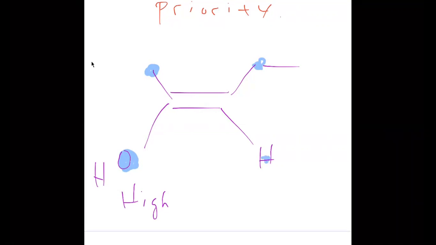So the carbon is high priority. Right? And so you see now, relative to the double bond itself, the high priority groups are opposite to one another. Can you see that? Yes. So this would be an example of an E alkene. And it's because they're on the opposite side, right? The high priority groups are opposite to each other.